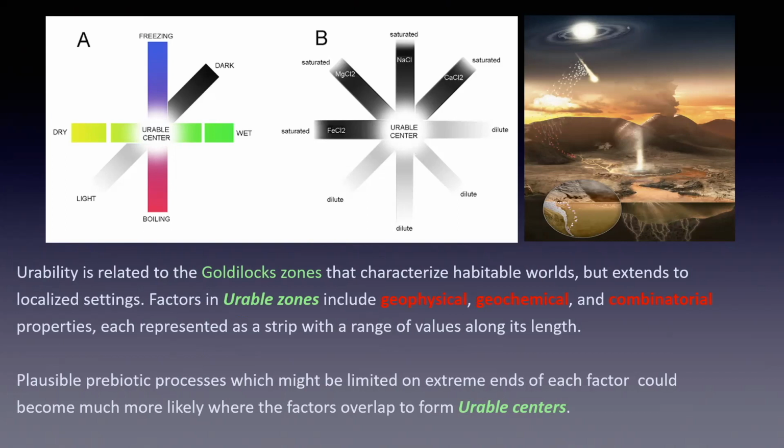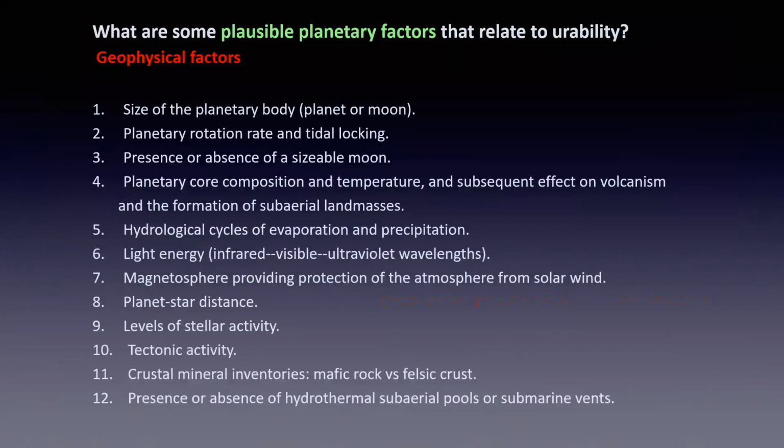Okay, I'm getting down to my last few slides. Next slide. I'm not going to go through all of these. I'm just going to pick out a few. And you can see this long list of geophysical factors. There's some obvious ones, just like the size of a planetary body. If it's too small, it cannot maintain an atmosphere because it does not have sufficient gravity.